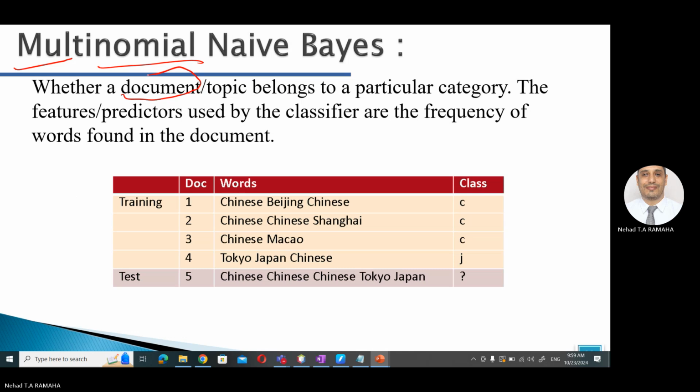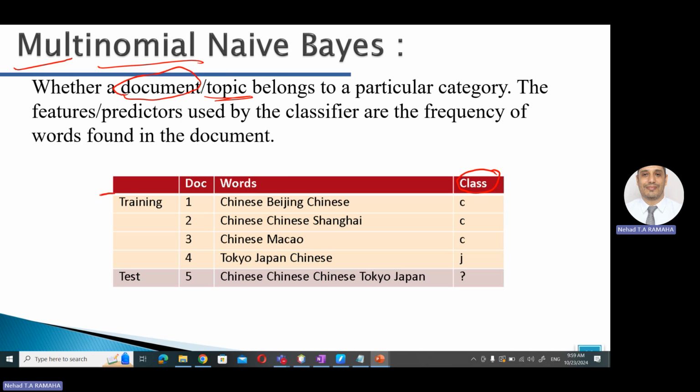Documents and topics. Classify document into topic. Here in this example, we have 2 categories or 2 classes, 2 topics. C is for China here, and J for Japan. Okay, so as you can see here, we have this data set.